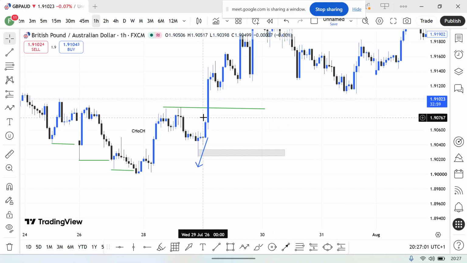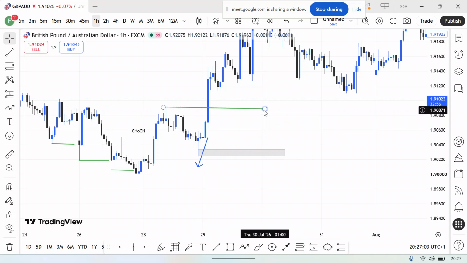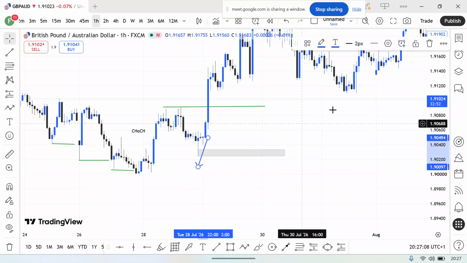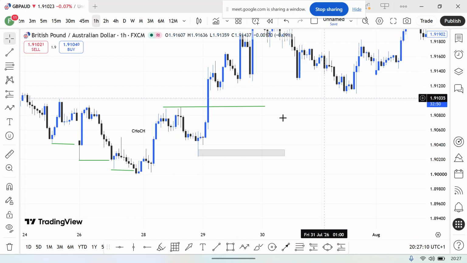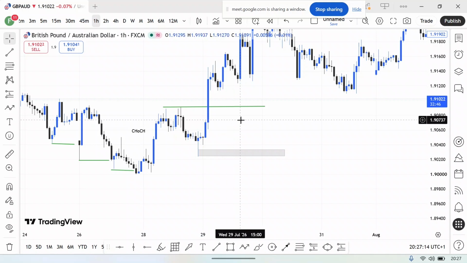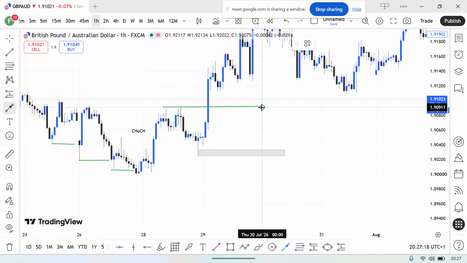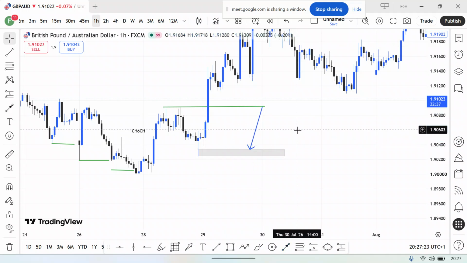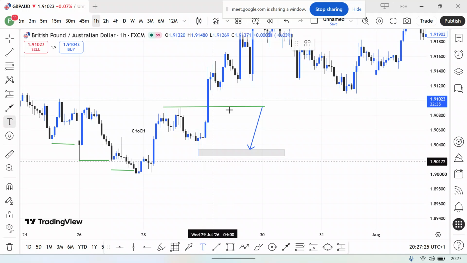This is the low which led to this break of structure. So we mark out this area and say if price comes back anywhere between this high to this low, we'll be taking a trade because this is our golden zone.